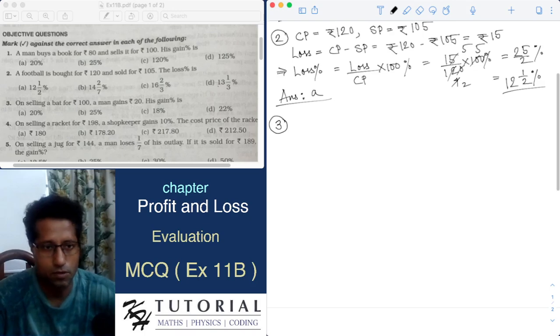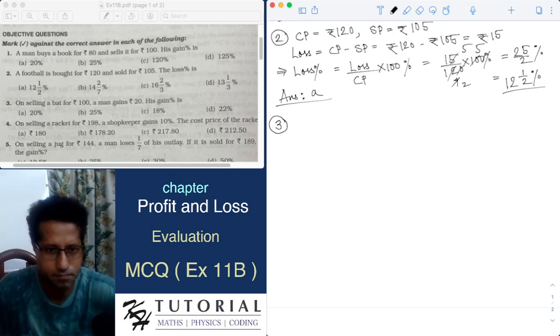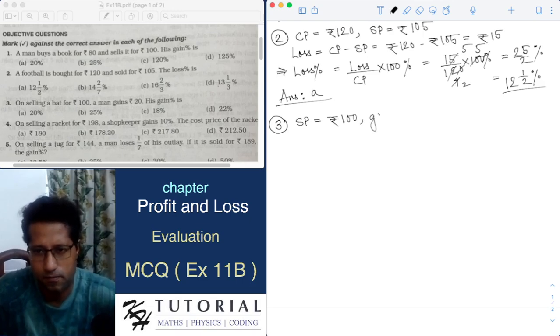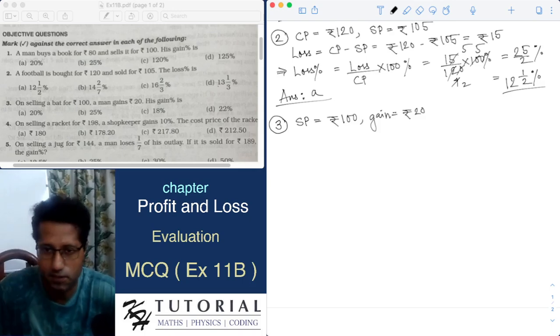Question number 3 says, on selling a bat for rupees 100, a man gains rupees 20. His gain percentage. So these questions are pretty straightforward. It's given that selling price is rupees 100 and gain is given to be rupees 20. Now this is a basic concept of percentage.